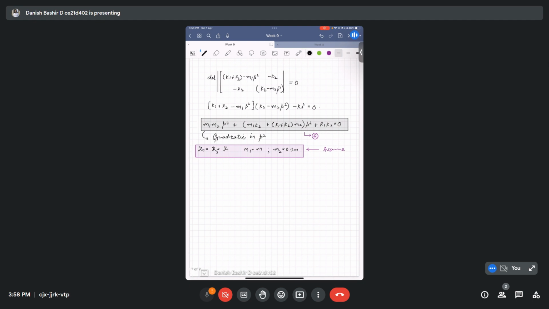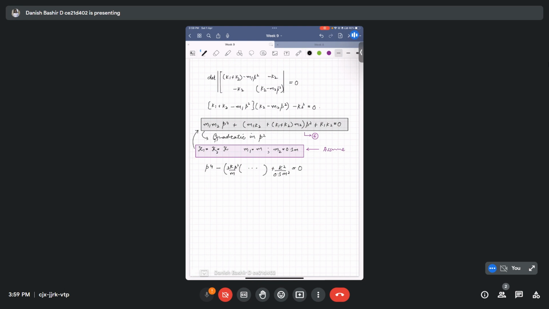When we substitute these things back in the equation and divide by m square throughout, we have p power 4 minus 3k by m p square, plus k square by 0.5 m square, equal to 0.